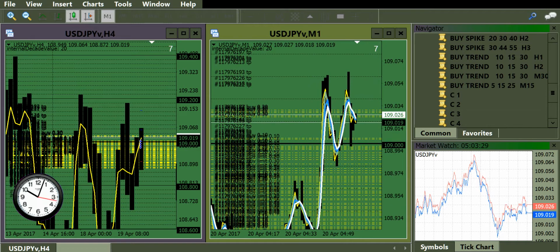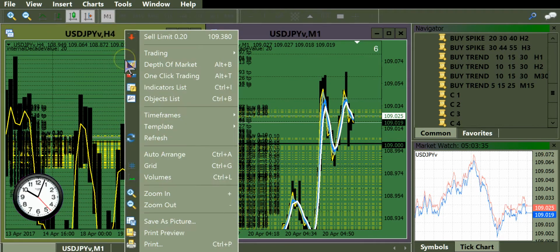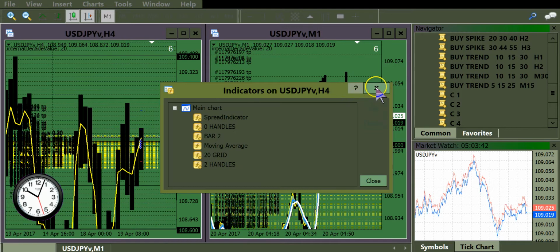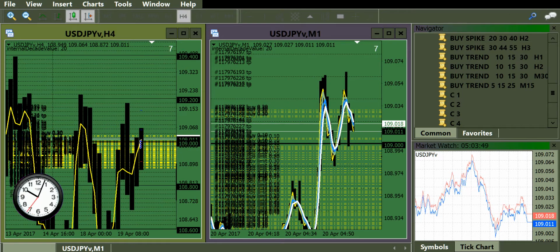That's a 6 pip pullback. All right, that is a 2 pip grid. 2 pips on the dotted lines. You're up 4 pips. You're already out.